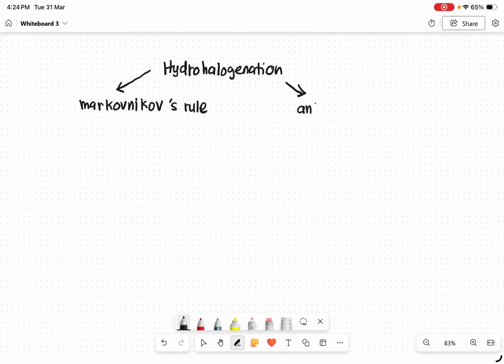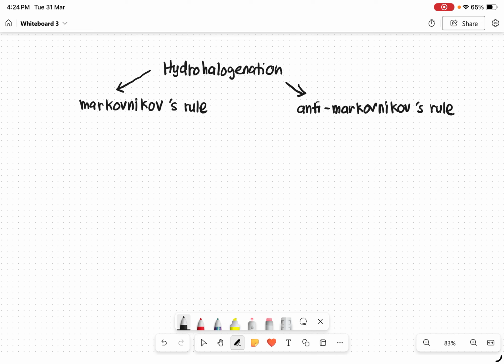The second one is anti-Markovnikov. So I repeat, for the second reaction, hydrohalogenation, this involves the starting material of alkene with hydrogen halide. But for the product, we must follow Markovnikov's rule or anti-Markovnikov's rule.